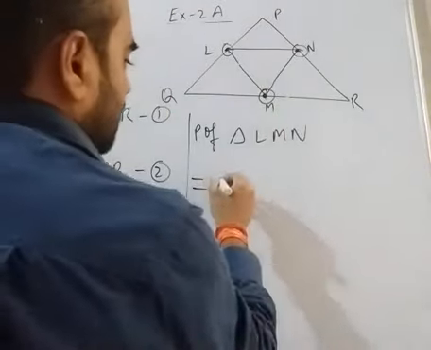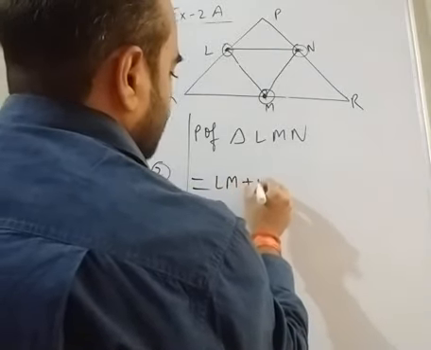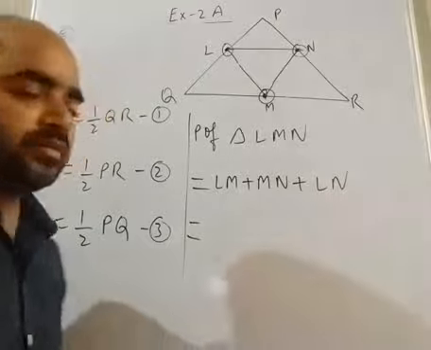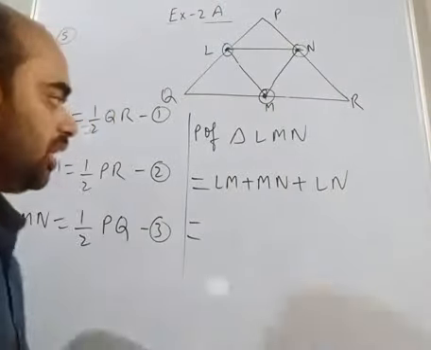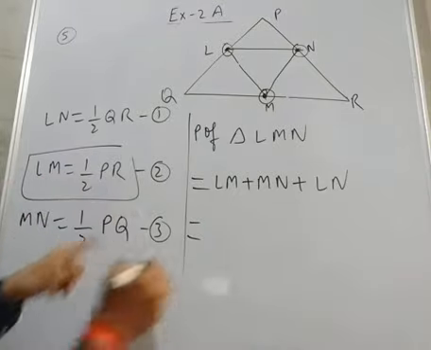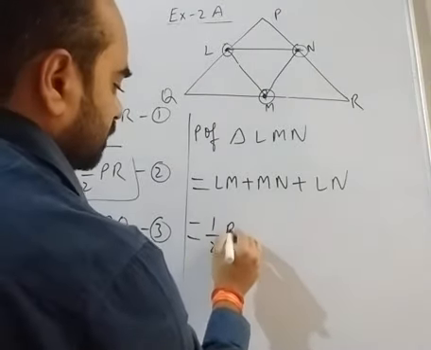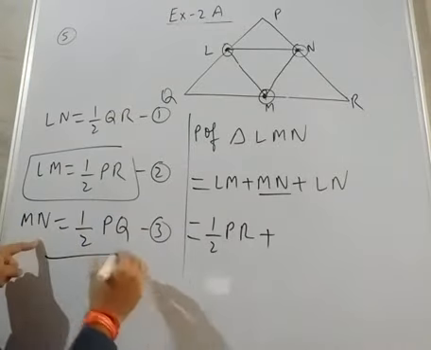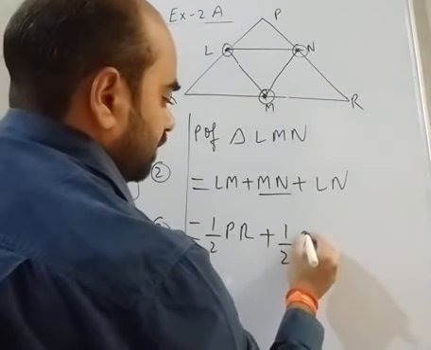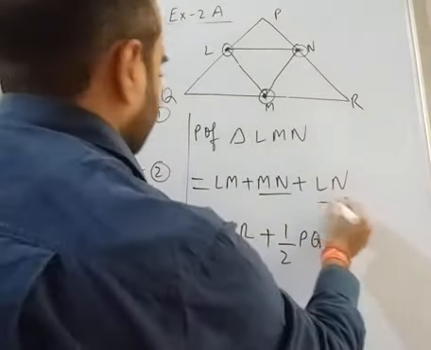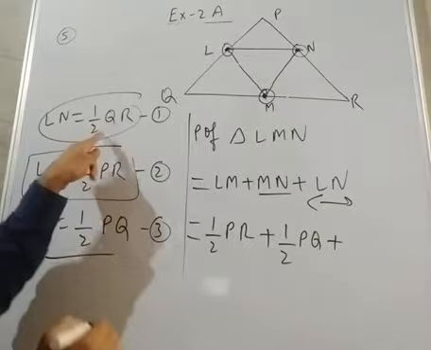It means LM plus MN plus LN. Now LM can be written as half PR, plus MN is half PQ, plus LN is half QR.